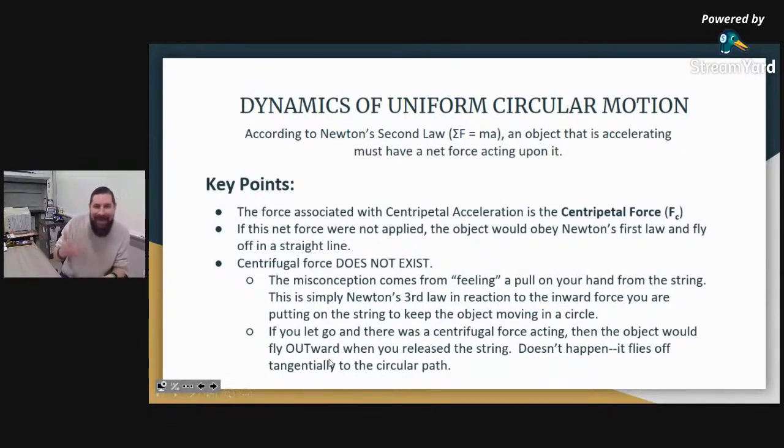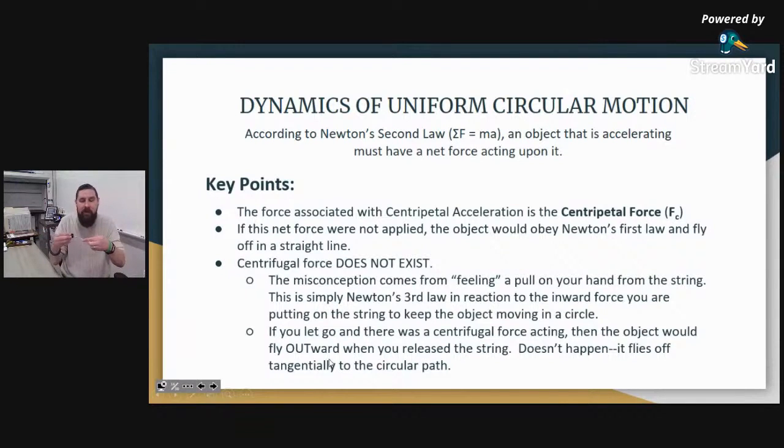Well, if there was actually centrifugal force, which again, there's not, and I've got this circular motion with a force always exerting outwards, this imaginary centrifugal force, when I let go of it, that force would cause it to move off in a straight line. Okay? That's not what we see. We don't see it move in a straight line directly outwards from its circular path.